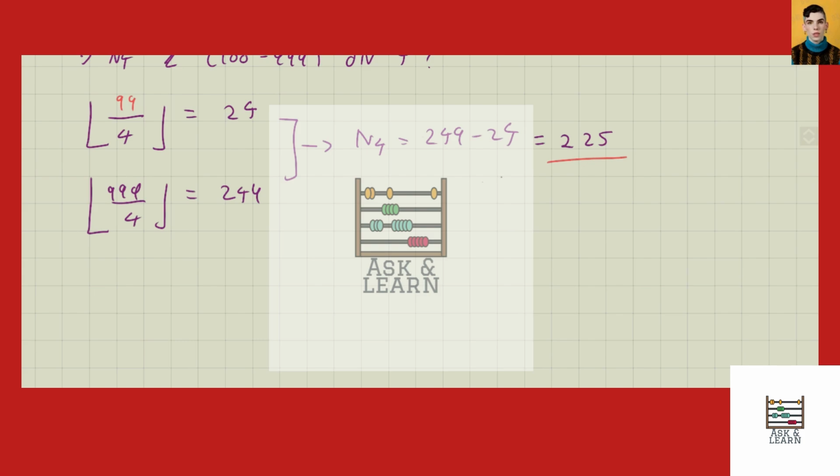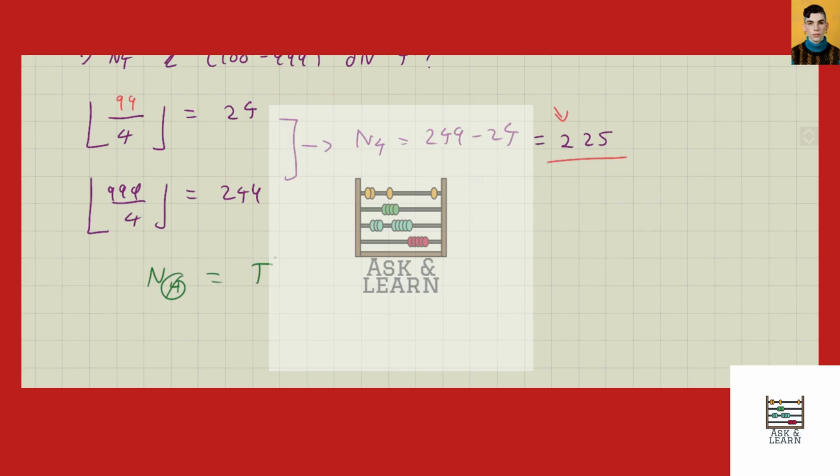Okay, so there are 225 integers that are divisible by 4 on that interval, but we want to know how many numbers are not divisible by 4 on that interval.